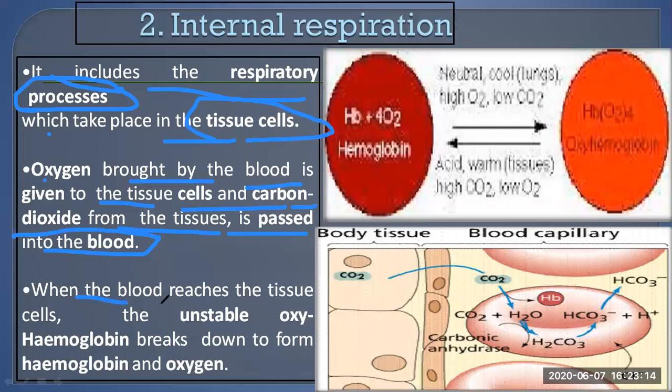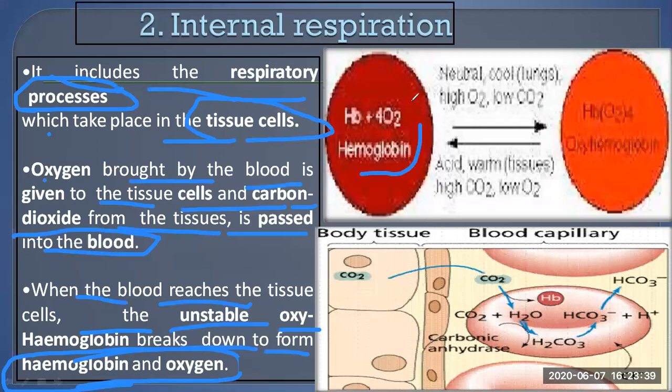When the blood reaches the tissue cells, the unstable oxyhemoglobin breaks down to form hemoglobin and oxygen molecules. So now hemoglobin can bind with another oxygen molecule and enhance the ability to take up oxygen.